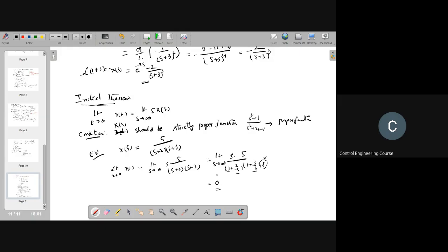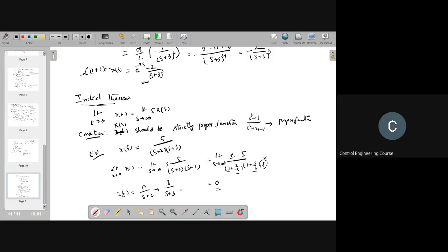The initial value we can even verify by computing the inverse Laplace transform for this one, right? X of t, how do you calculate? By using partial fractions: a by s plus 2 plus b by s plus 3.